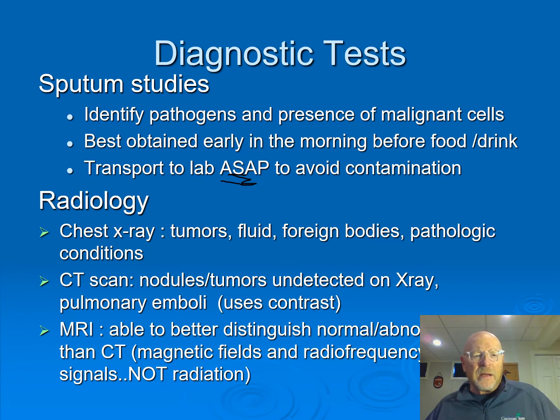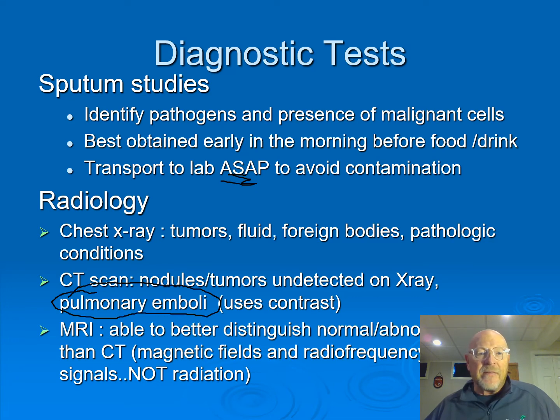I'm not really going to talk too much about CAT scan right now, but just know that when we get to pulmonary emboli and its discussion, a spiral CT is the definitive diagnosis for a patient who has a pulmonary emboli. We'll talk all about what that is.